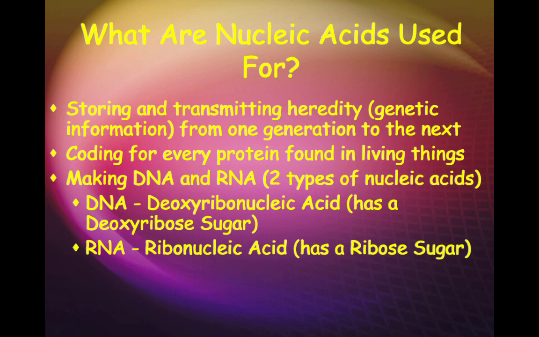I will tell you that one of the big mistakes students make a lot of times is they call it deoxyribose nucleic acid. That's incorrect. So the "-ose" gets removed and replaced by that word nucleic. RNA is ribonucleic acid because it has a ribose sugar. So again, it's named after the sugar that's part of the nucleic acid.